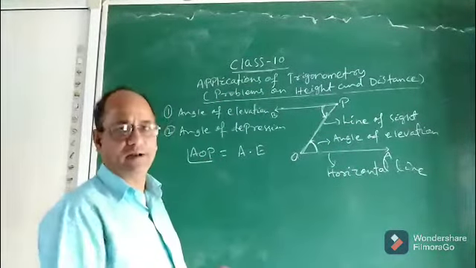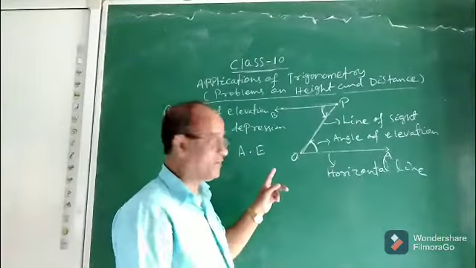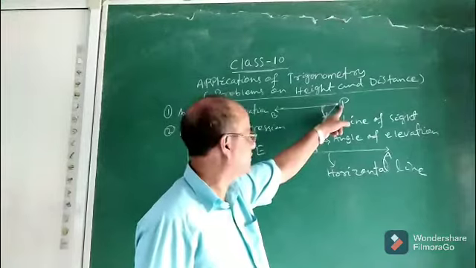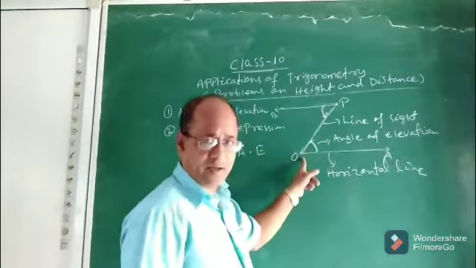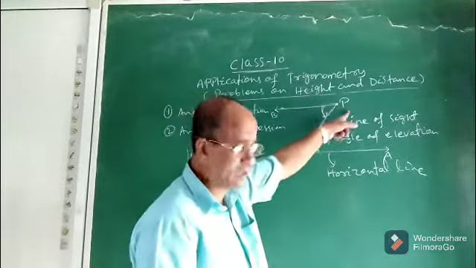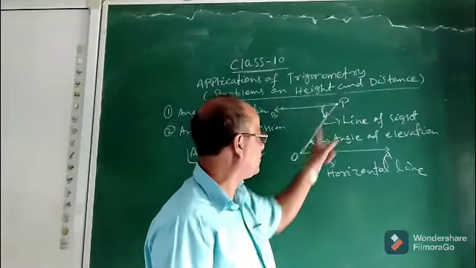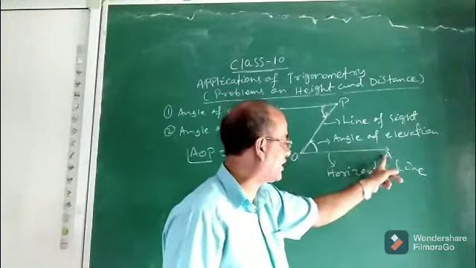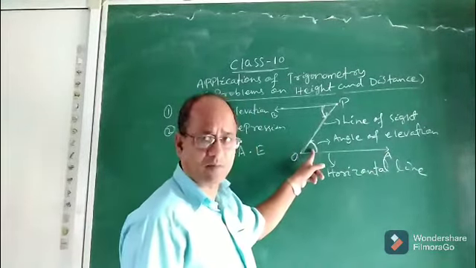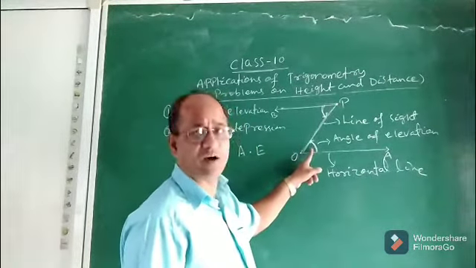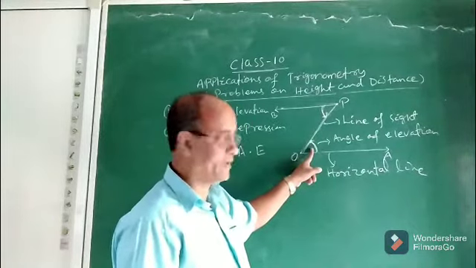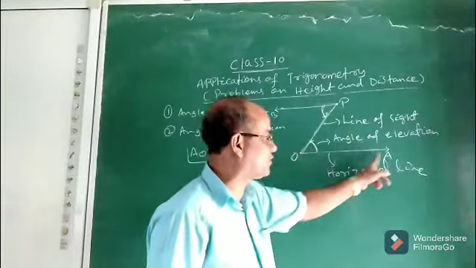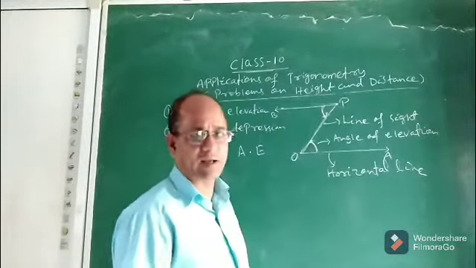Here the object is the bird. The bird is above and the boy is standing on the ground observing the bird. This is the line of sight, and this is the horizontal line. The angle formed at the eyes of the observer, the boy, with the horizontal line is known as the angle of elevation.